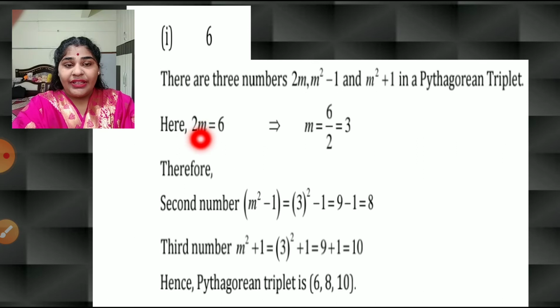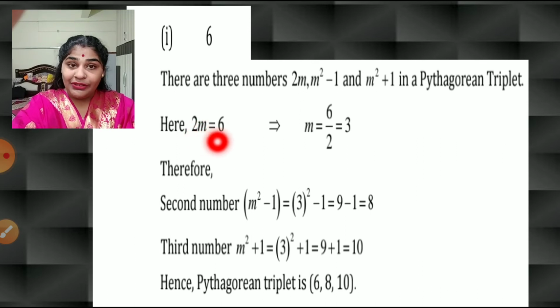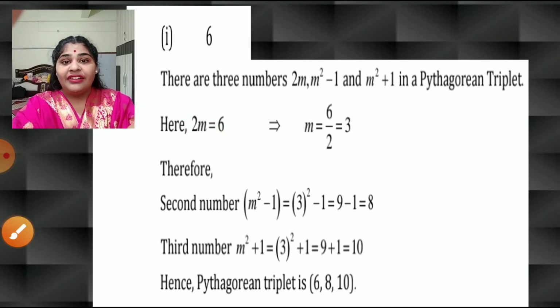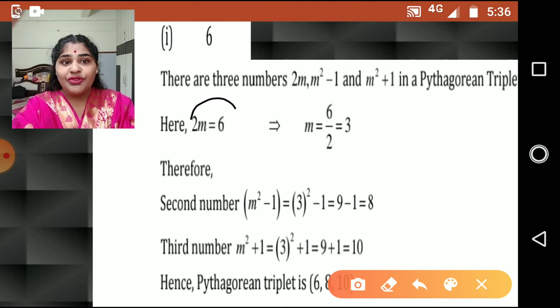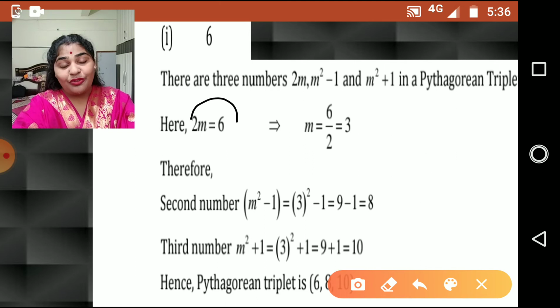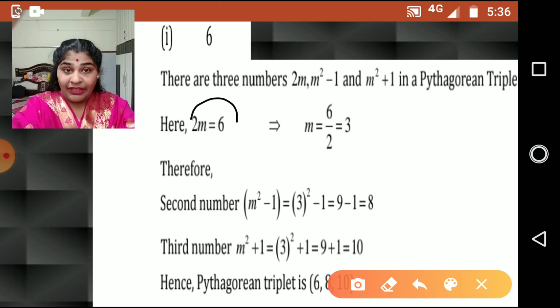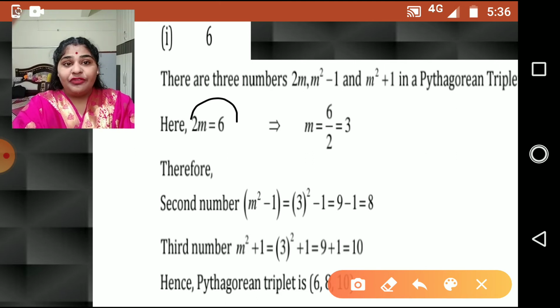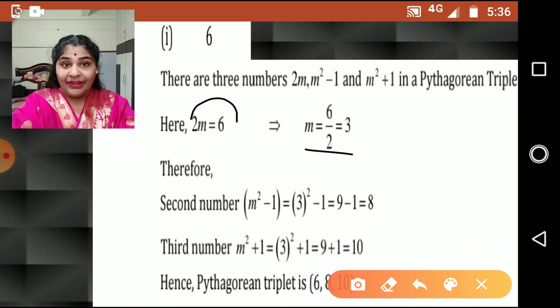So 2m is equal to 6. Now find the value of m, that is, we will transpose this 2 to the other side. This is like an equation, children, and you have already learned how to find the value of the variable. So if I transpose the 2, it becomes 6 upon 2, right? And 6 upon 2 is equal to 3.